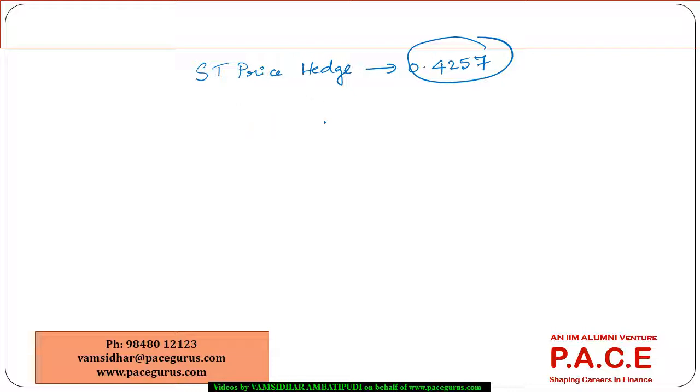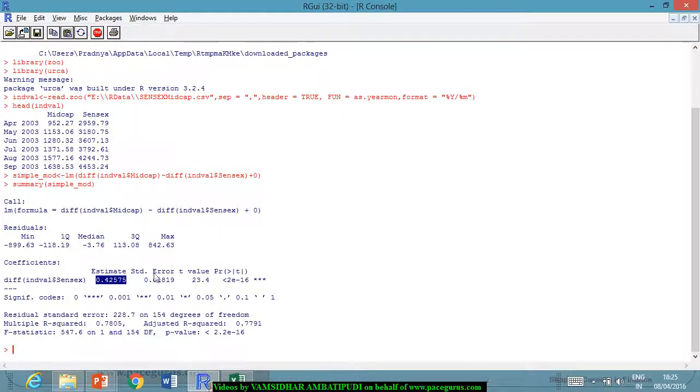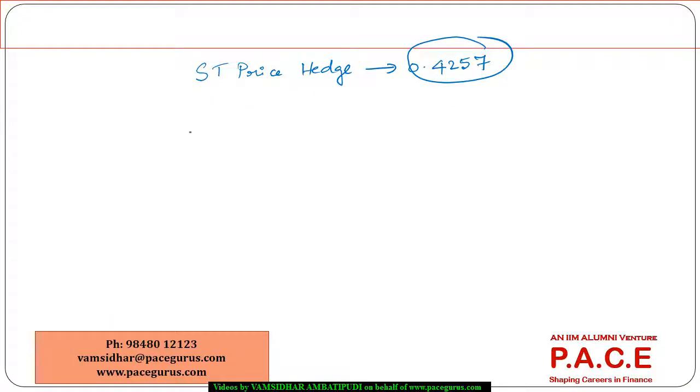And you could see that the standard error in this case is only 0.0189. Obviously the cross hedge is not perfect. If it were perfect, I would have got a 1 here. So which means that even after the hedging of the portfolio, there is some level of risk that is inherent. To some extent I can reduce my risk, but it is not completely eliminated. So to some extent risk still lies in this portfolio.